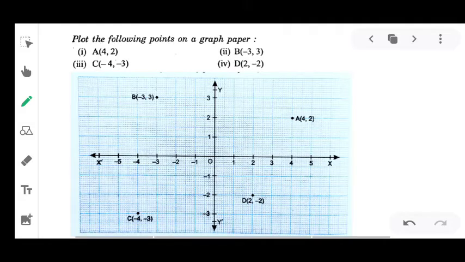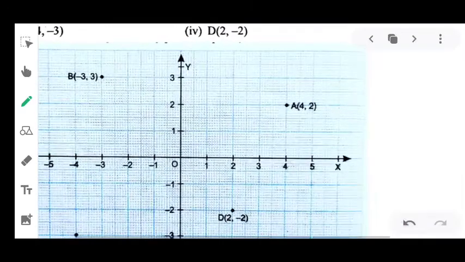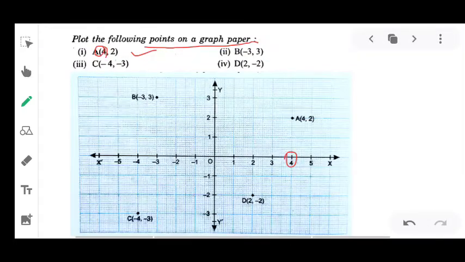Okay, so the next question is, plot the following points on a graph paper. So these are the points given. The first point is A, 4 comma 2. 4 means this is the x coordinate, so find 4 on the x axis. This is the 4, and in 4 comma 2, 2 is the y coordinate.